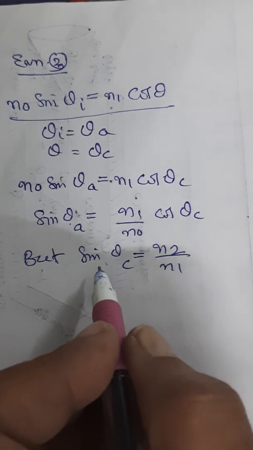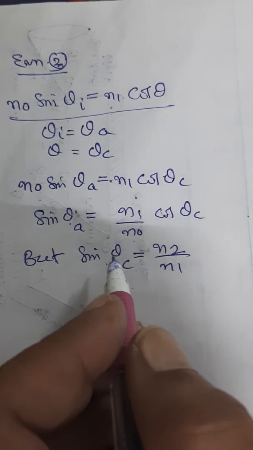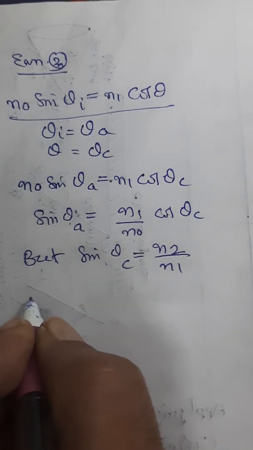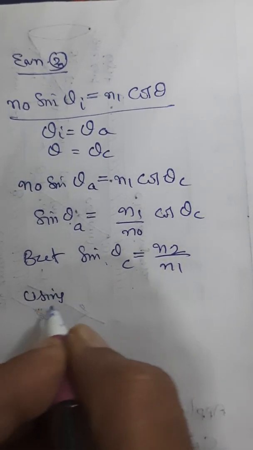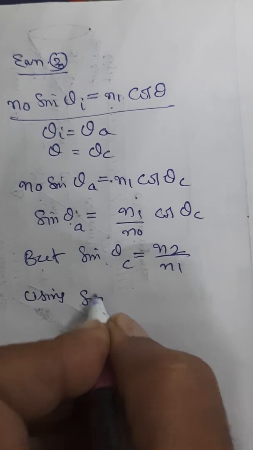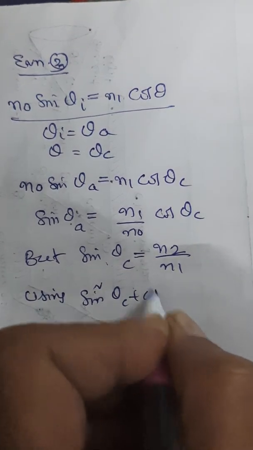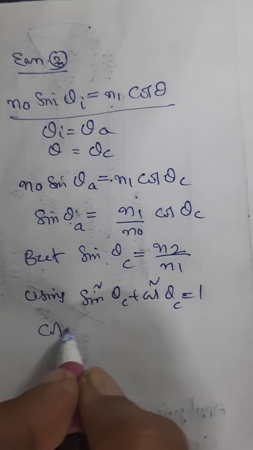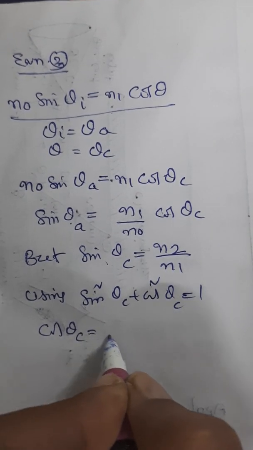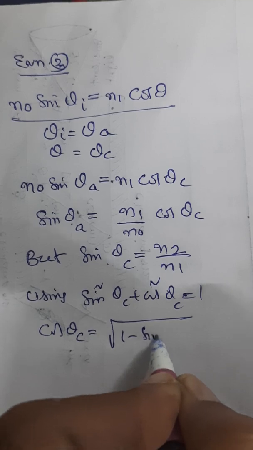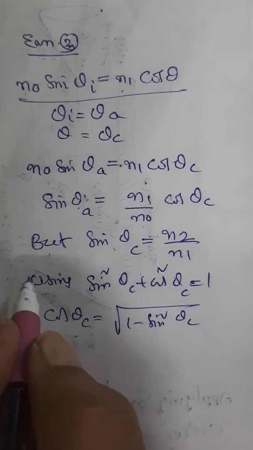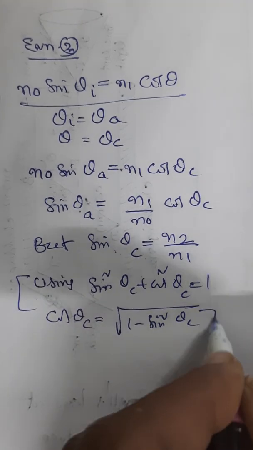So using sine square theta C plus cos square theta C is equal to 1, from this you can write cos theta C equal to square root of 1 minus sine square theta C. So this you can apply.